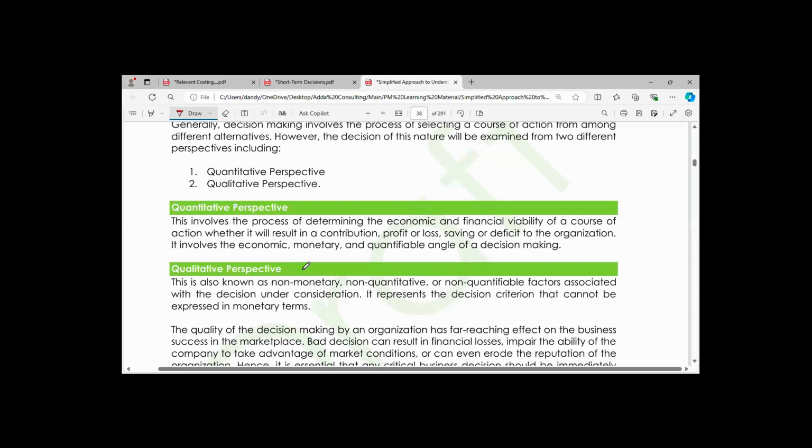It represents the process of determining the economic and financial viability of the course of action, whether it will result in a contribution, profit or loss, saving or deficit to the organization.